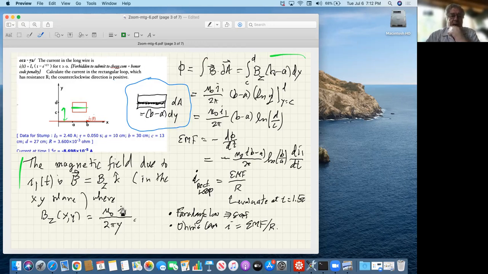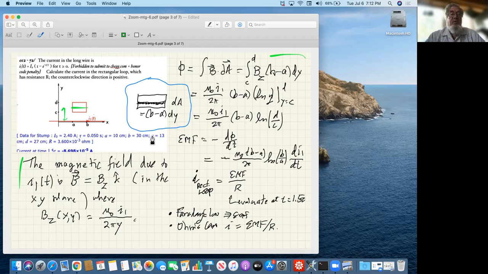So I have a constant mu naught I over 2 pi. I have another constant, B minus A. Now I have the integral dy divided by y. And you'll remember from calculus, the integral of dy divided by y is the log of y. And you have to evaluate that at the upper end point, which is y equals D, minus the lower end point, which is y equals C. Or I could write this as mu naught I over 2 pi.